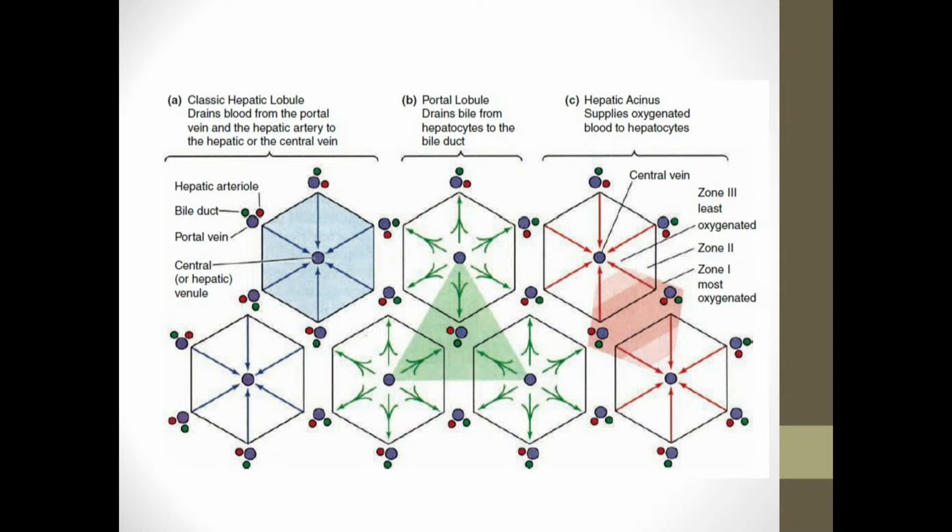Between them is the second zone, located in the middle zone. So the first zone receives more oxygenated blood and the third zone least oxygenated blood, and the first zone of course receives more nutrients than the hepatocytes of the third zone.